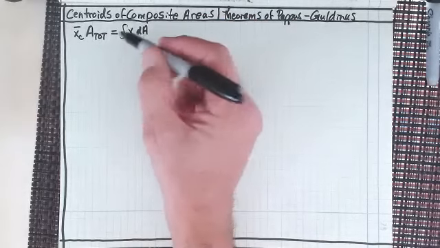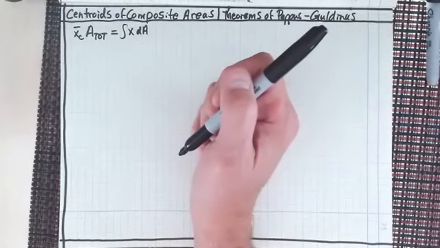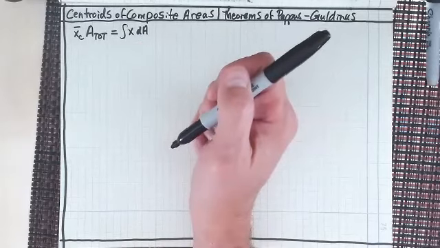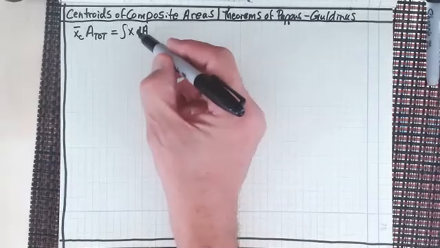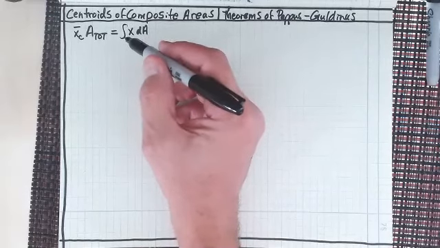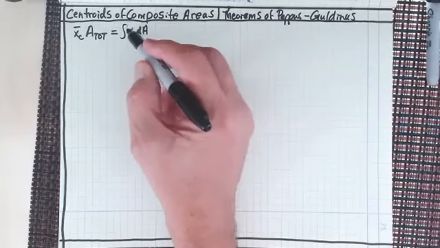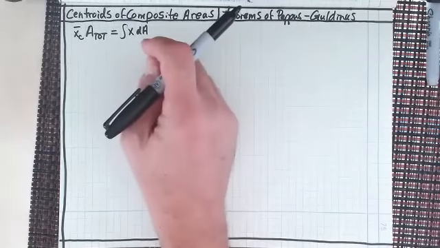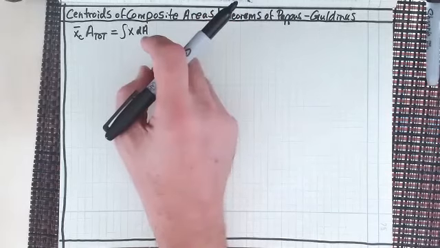And so that is our equation, and that's what we used in the last lecture to find the equation for the centroid of a triangle, and we derived both of those.